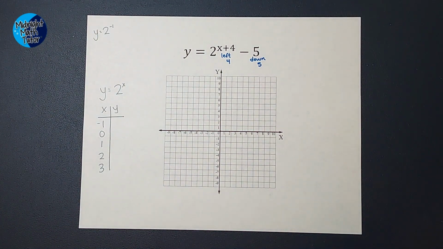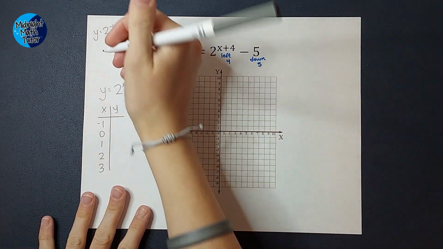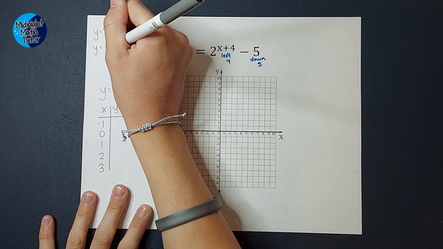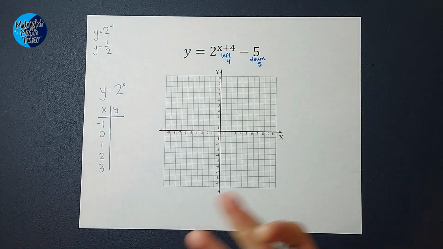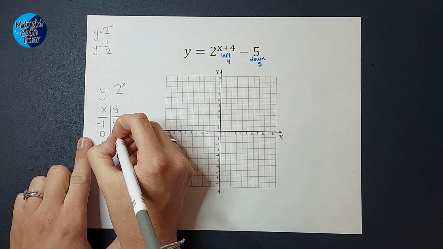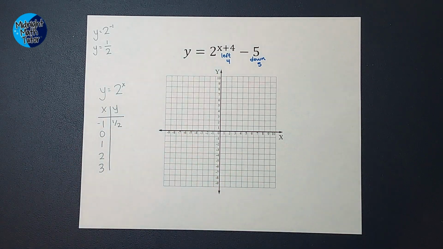When I have a negative exponent, I put that in the denominator, right? If you're like, what is she talking about? That's witchcraft. I'll link a video where I explain why this works, okay? So this is going to end up being y equals 1 over 2 to the power of 1, which is just 2, right? So when I plug in -1 for x, I got 1/2 for y, okay?